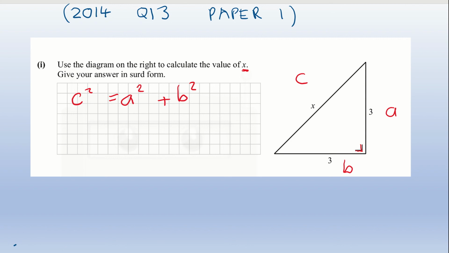So once you have your A, your B, and your C labeled, what you're going to do is take your information from your picture here and put it into your formula. Now, I am aware that I've just given you a formula and a right angle triangle, and I've said when you see a right angle triangle, use your formula.